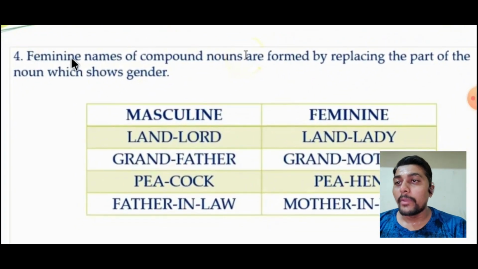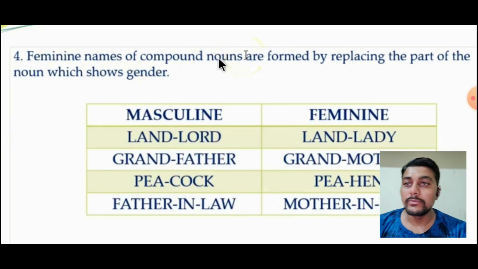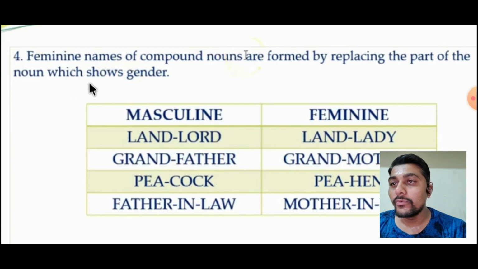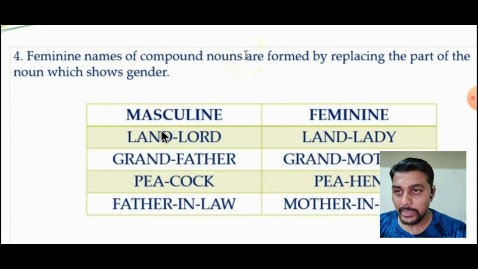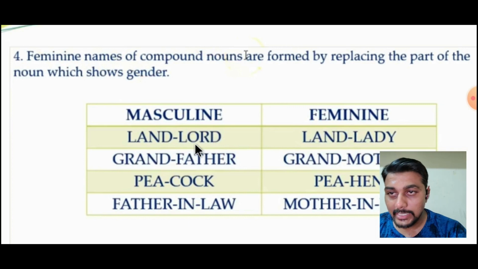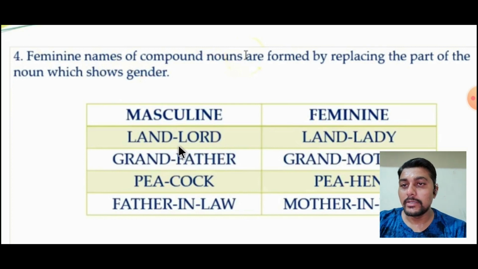Okay, feminine names of compound nouns, compound meaning more than one noun, are formed by replacing the part of the noun which shows gender. In these masculine nouns or names, there are a few words which show the gender, so we have to change that gender part only.